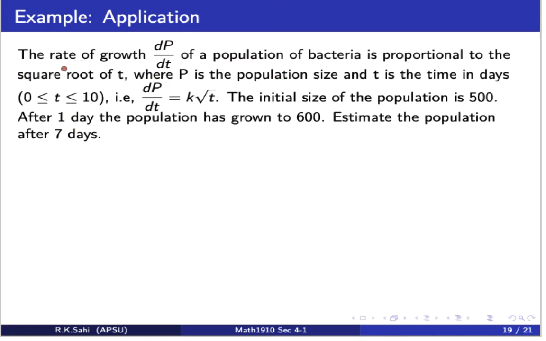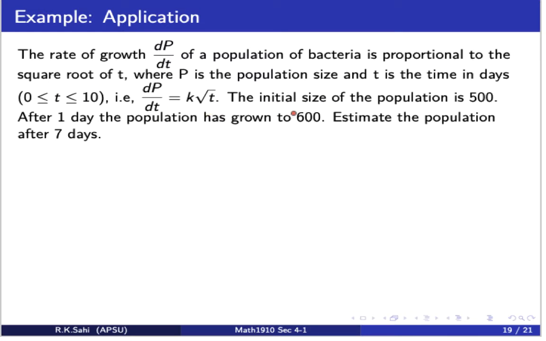So let's read the problem. The rate of growth dP over dt of a population of bacteria is proportional to the square root of t, where P is the population size and t is the time in days. In other words, we're saying dP over dt is k times the square root of t. That's what this whole sentence means to us.